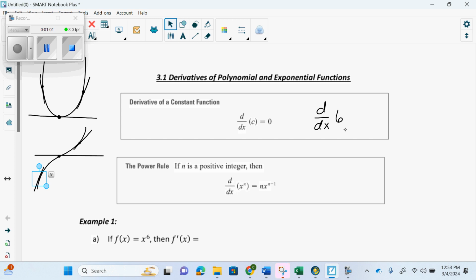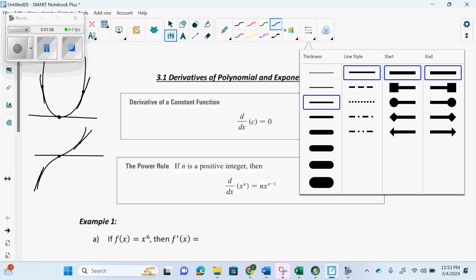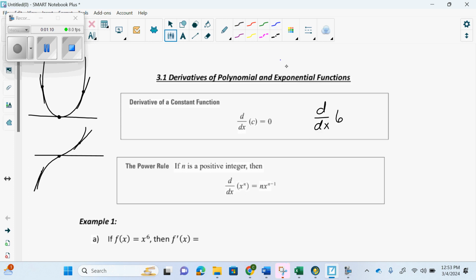And the reason why is you use power rule. So, I'll show you why. This would be the same as 6x to the what? X to the 0. And I talked about power rule very quickly last class. I said what we do is we take the exponent, we drop it in front, and then reduce it by 1. Correct?